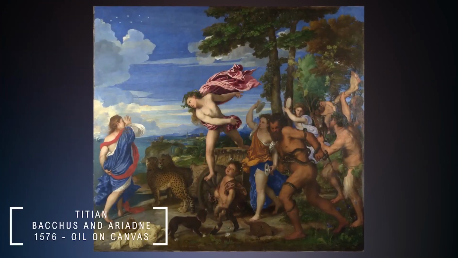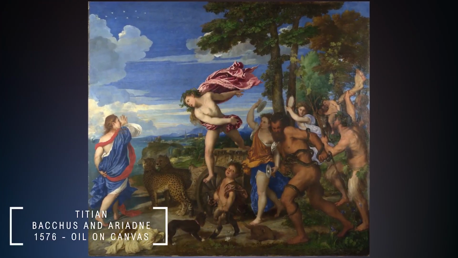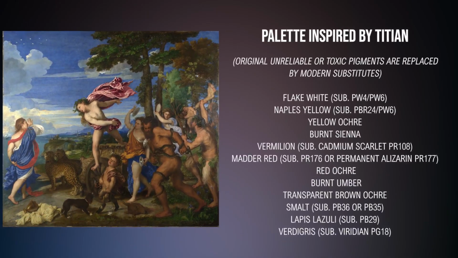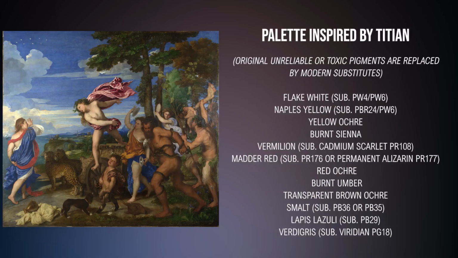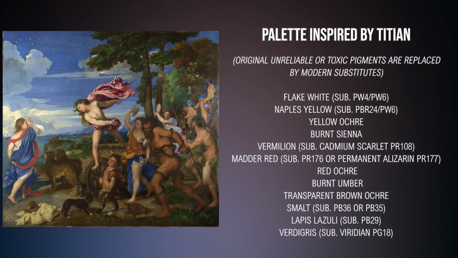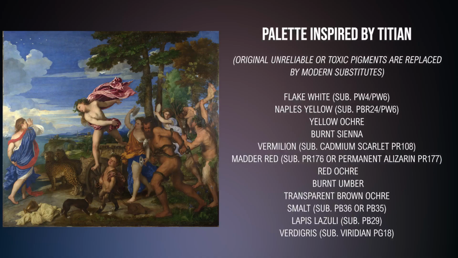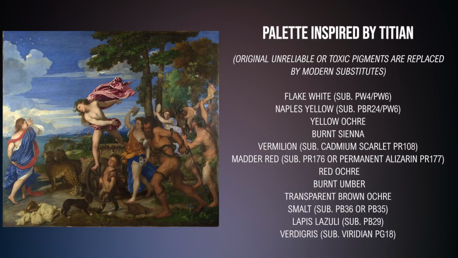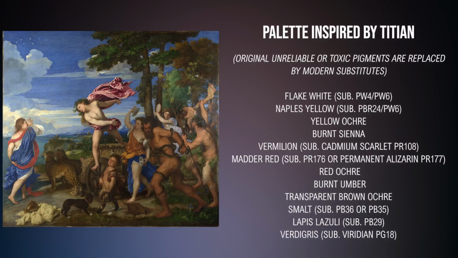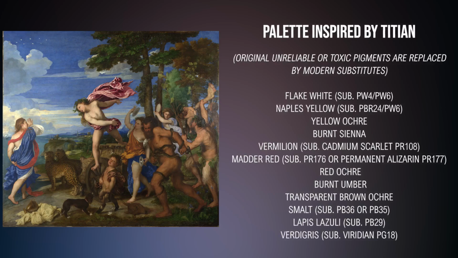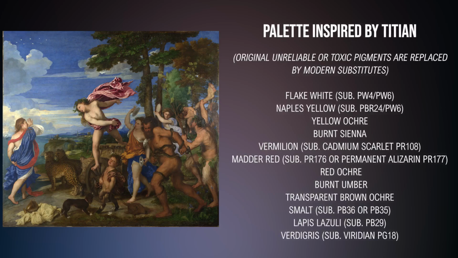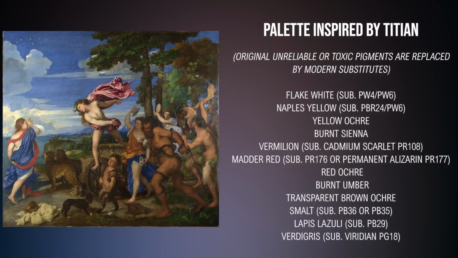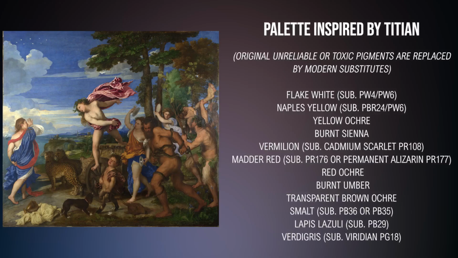For a palette inspired by Titian, use flake white hue, Naples yellow hue, yellow ochre, burnt sienna, vermilion hue, red madder hue, red ochre, burnt umber, transparent brown ochre, smalt, which can be replaced by cobalt chromite blue PB36 or cerulean blue PB35, natural ultramarine blue, which can be replaced by normal synthetic ultramarine blue PB29, and verdigris, which can be replaced by viridian.